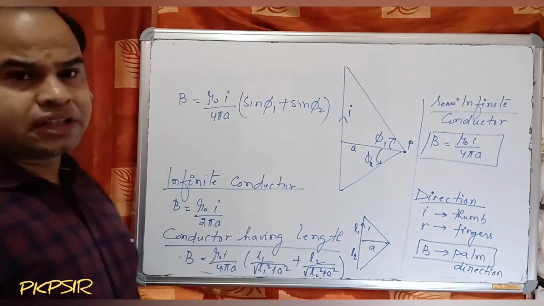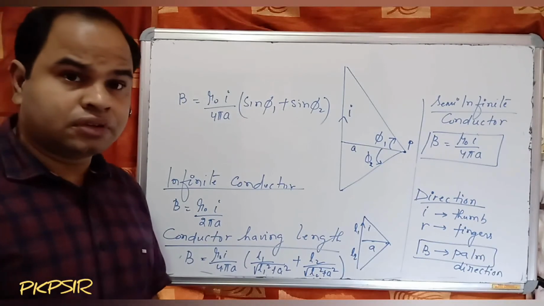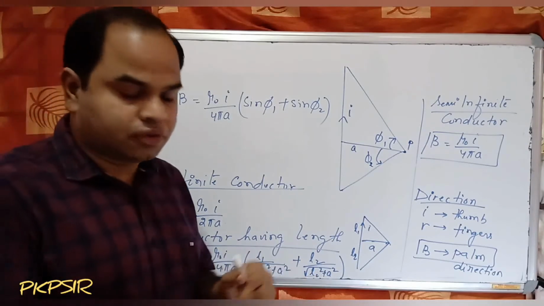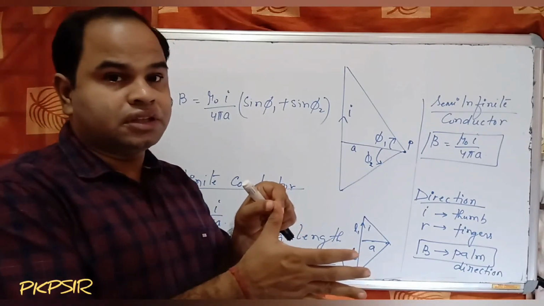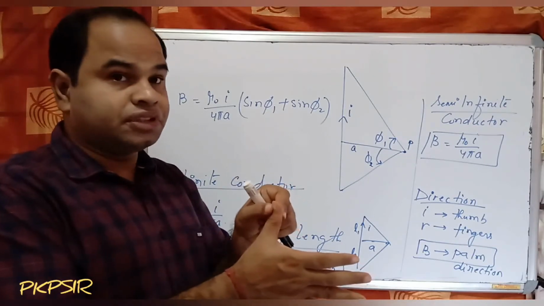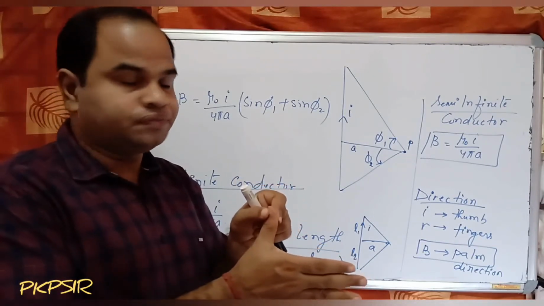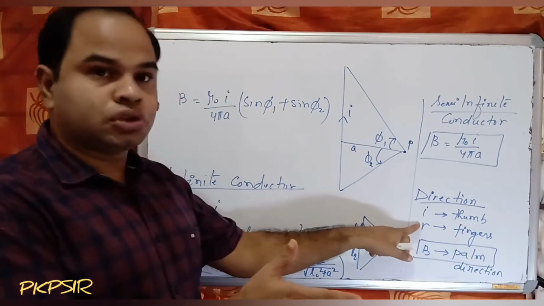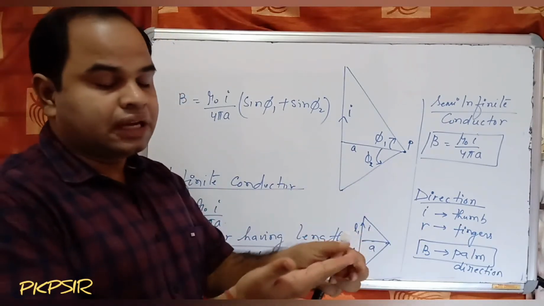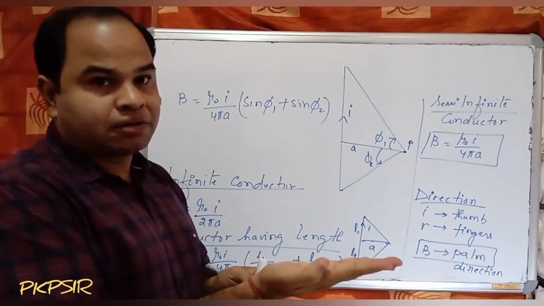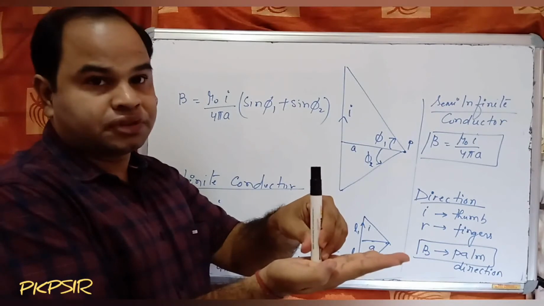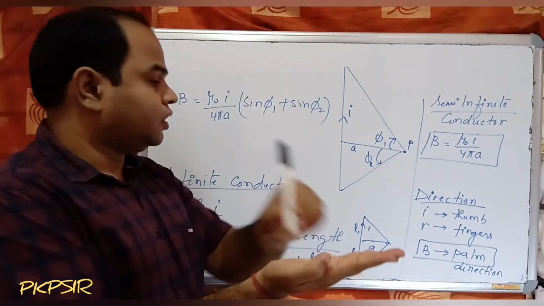Next is how to find the direction of the magnetic field. We use a trick: the thumb gives the direction of the current, so keep the thumb along the direction of the current, and place the fingers toward the position of the point. The palm is a plane, and its direction is perpendicular to the surface of the palm.